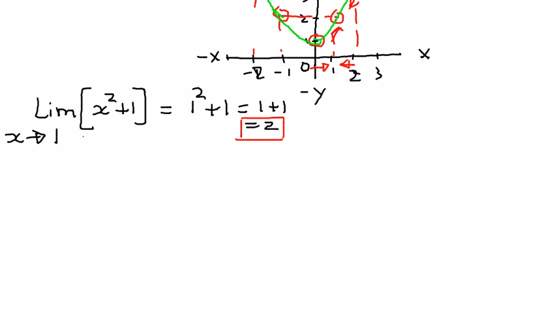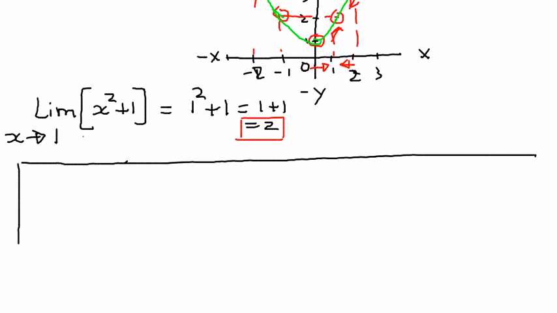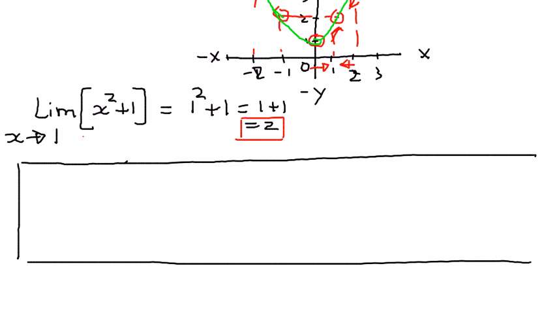If we were to construct a table of values here, we can show that as x approaches 1 from either side, the function approaches 2.